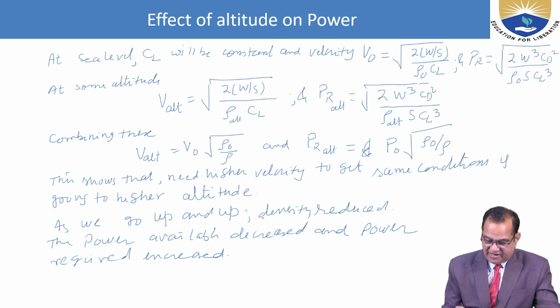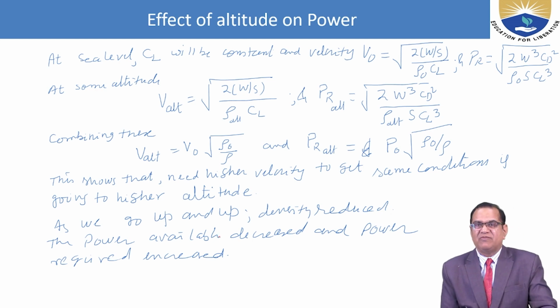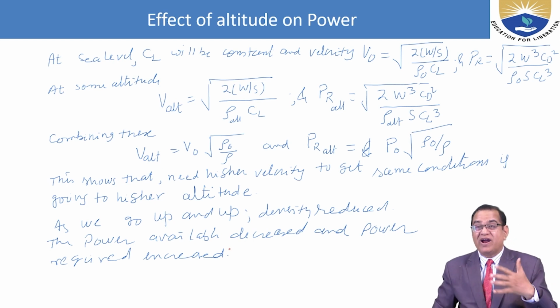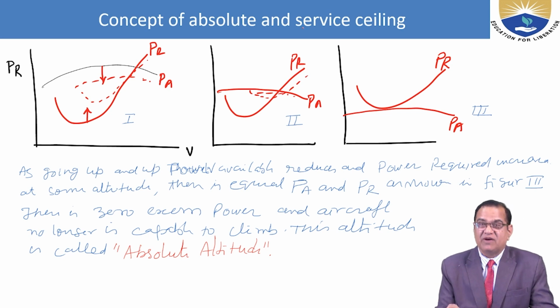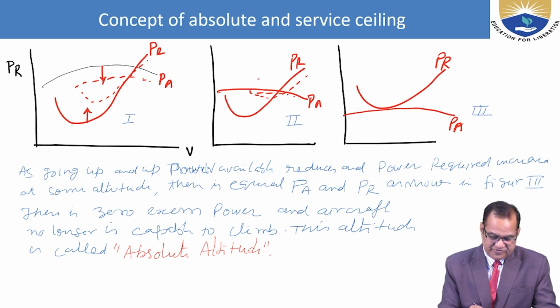As we go up and up, density reduces, the power available decreases and power required increases. So here is this concept of absolute and the service ceiling. So it is for the normal case. As you go up, this PR will go up.